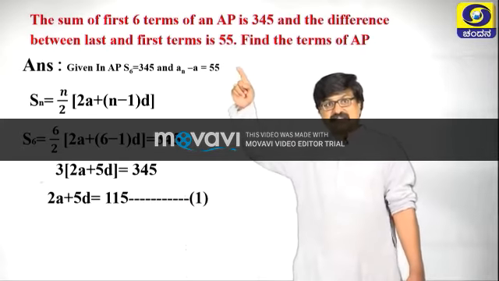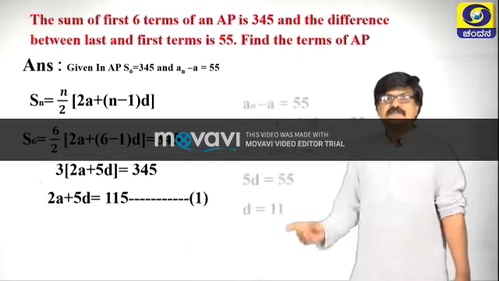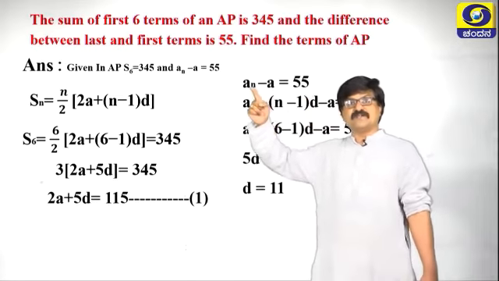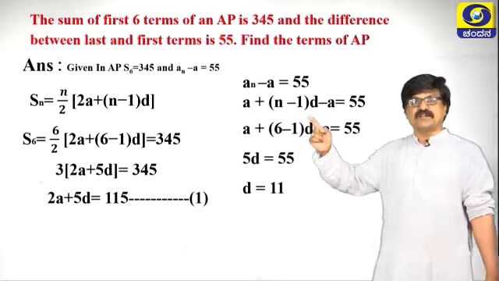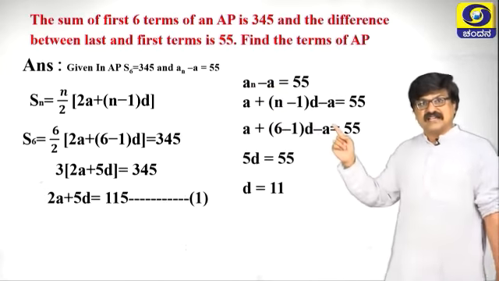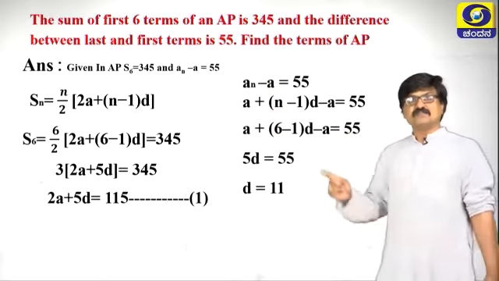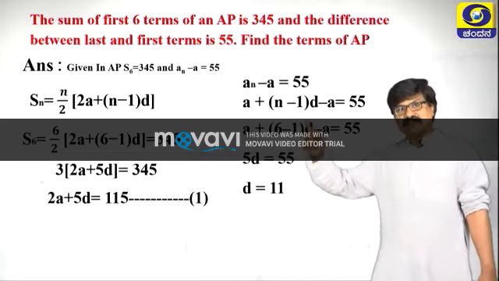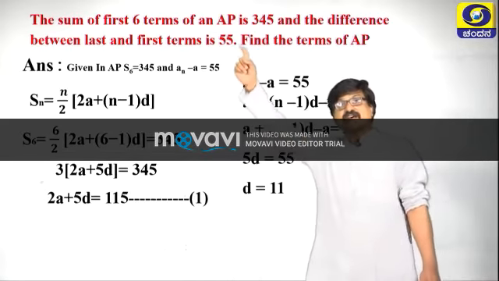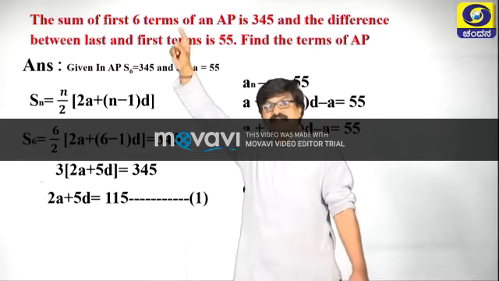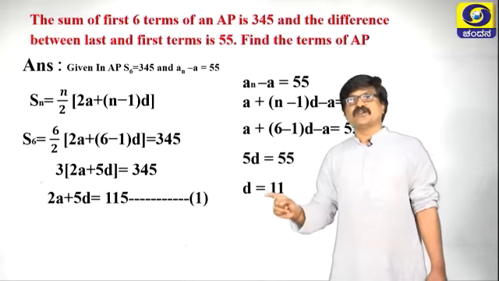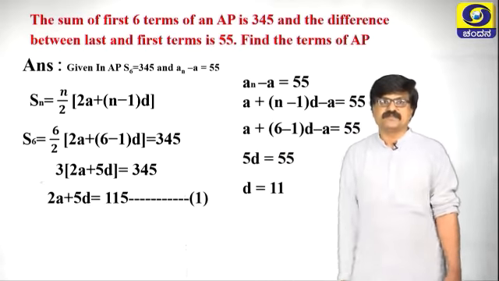The second condition is an minus a is equal to 55. The formula for an is a plus (n minus 1) into d, minus a, write as it is. Simplify this, the plus a and minus a get cancelled, and the n value is 6 here, because there are 6 terms and the last term is the 6th, therefore the value of d becomes 11.